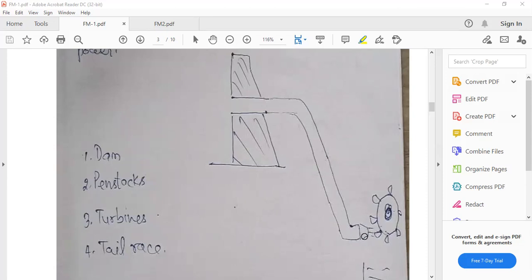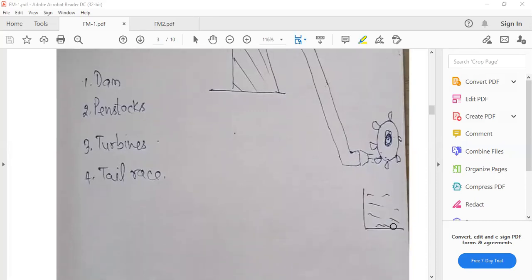At the end of these penstocks, a nozzle is fitted which increases the velocity of water impinging on the blades of turbine. Then third part is the turbine on which vanes are fitted. As water impinges on these blades, the turbine starts rotating, and thus water energy is converted into mechanical energy.